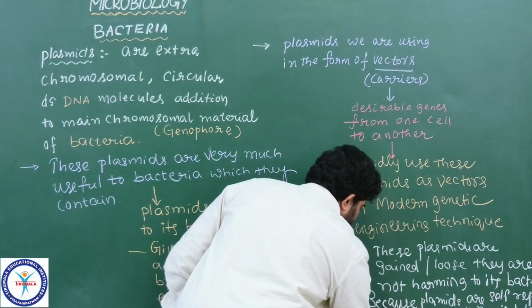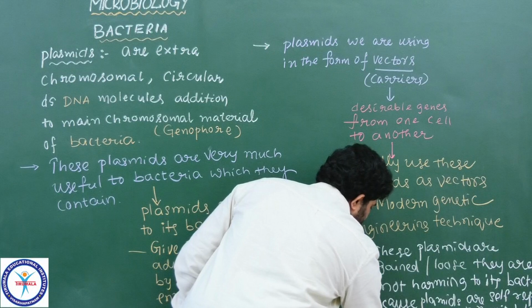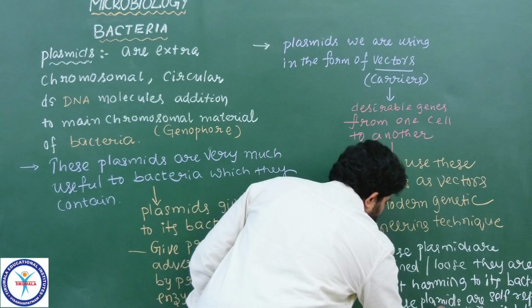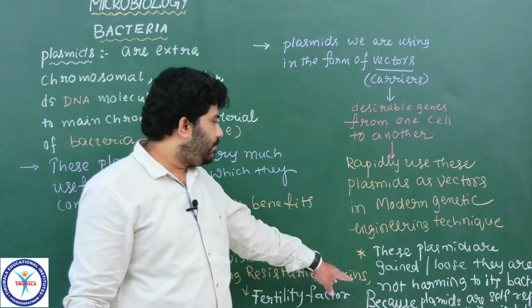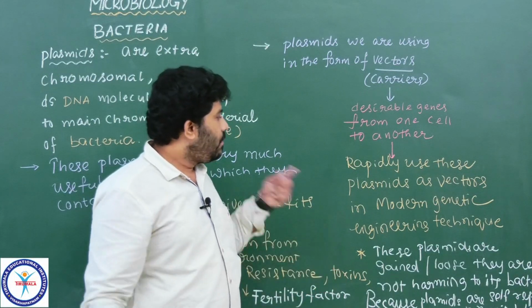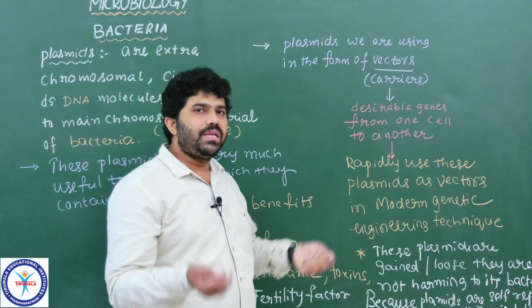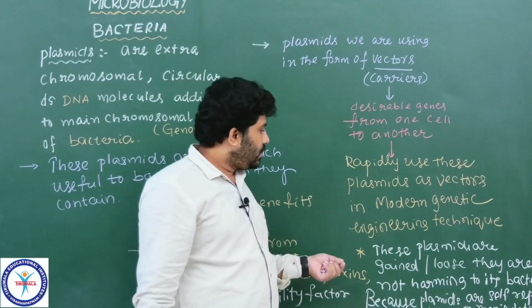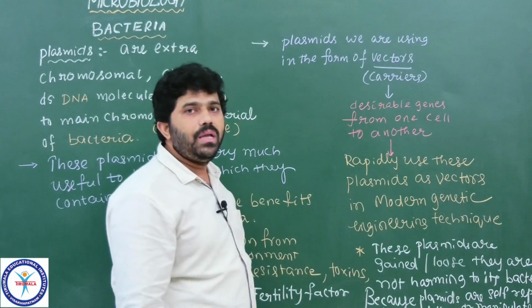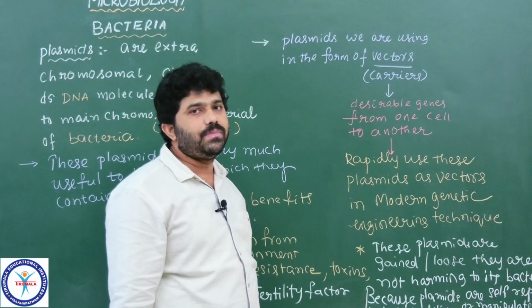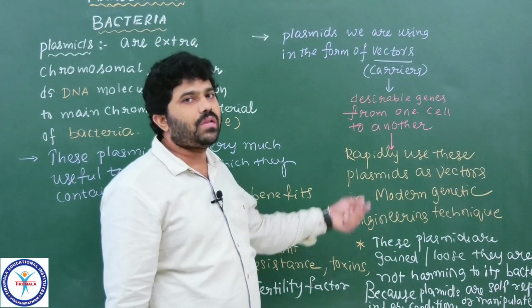Please remember, in the lab we multiply their number artificially for our advantage, for our purposeful things, to incorporate new characters into other organisms by sending them through vectors like plasmids.